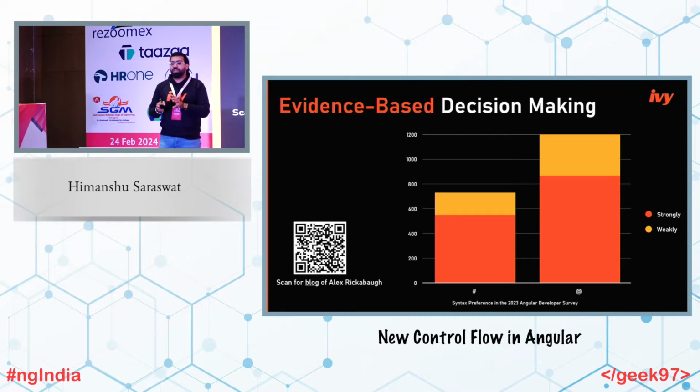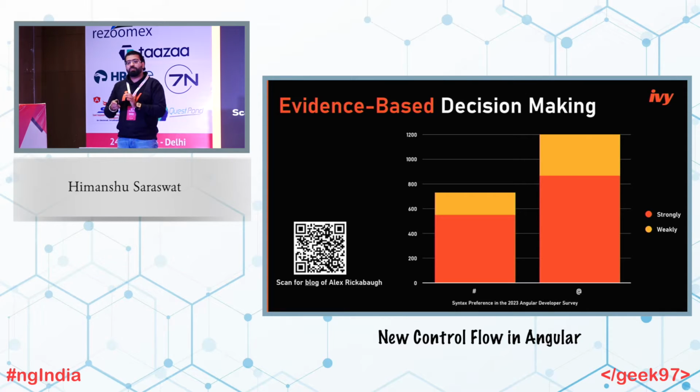They collected and collated data from different resources, user interaction research, different developers, and our yearly lovely developer survey, which many of you might have also contributed to. At every moment in time, the results were very clear. There was a 2:1 ratio of people who were inclined towards the @ syntax rather than the hash syntax or the star syntax.